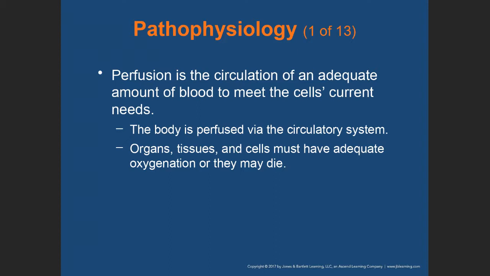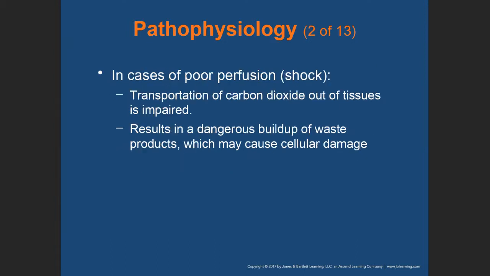Pathophysiology. Perfusion is the circulation of an adequate amount of blood to meet the cells' current needs. The body is perfused via the circulatory system. Organs, tissues, and cells must have adequate oxygenation or they may die. In cases of poor perfusion or shock, the transportation of carbon dioxide out of the tissues is impaired.